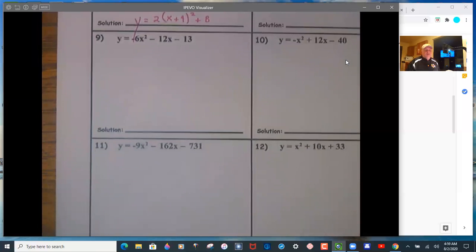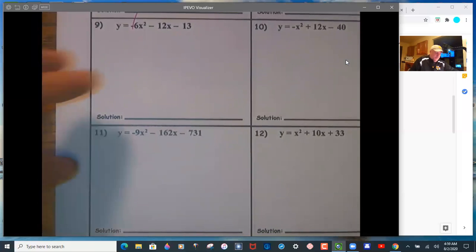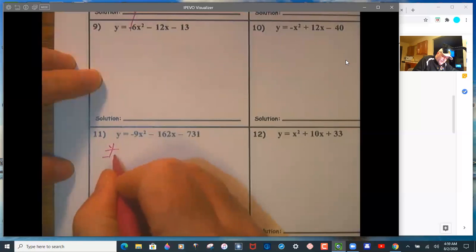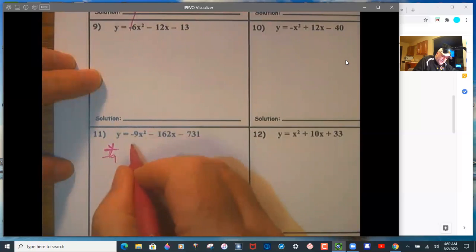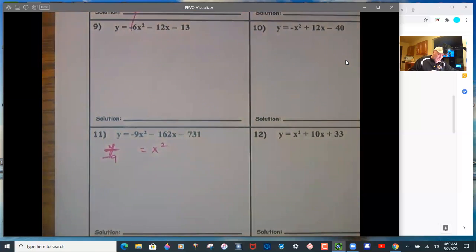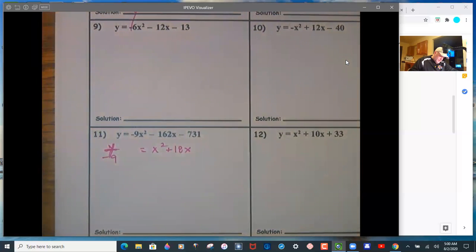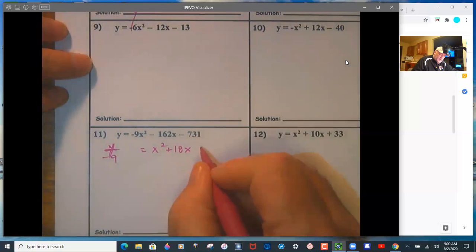All right, let's do problem 11, because that just looks pretty scary. So divide by negative 9 is our first thing that we do. And let's see, 62 over 9 is 18, so that's plus 18x. And 731 over 9 is 731 over 9.